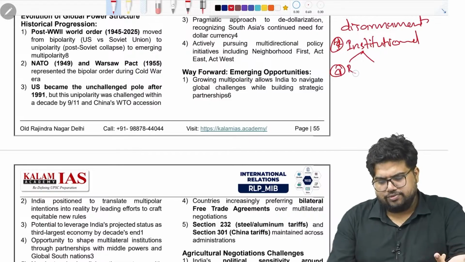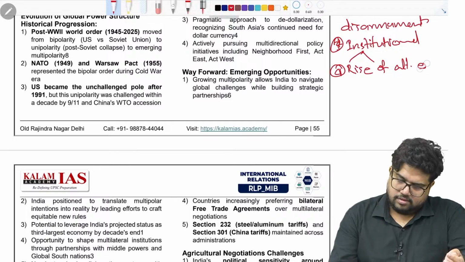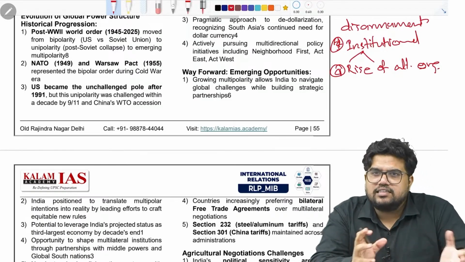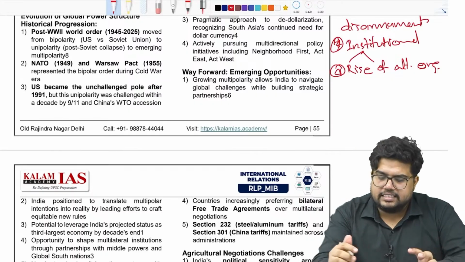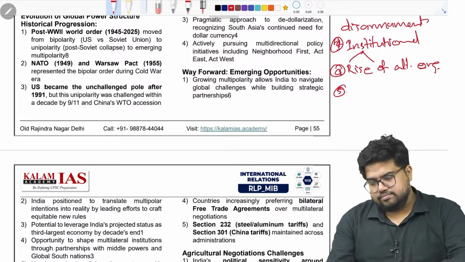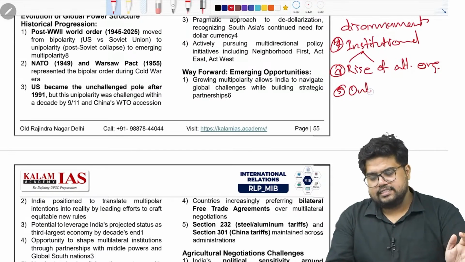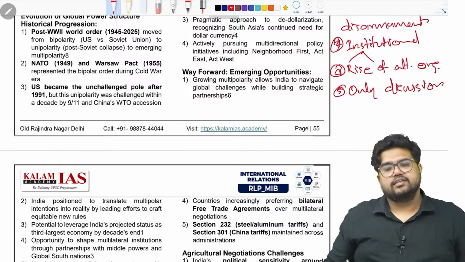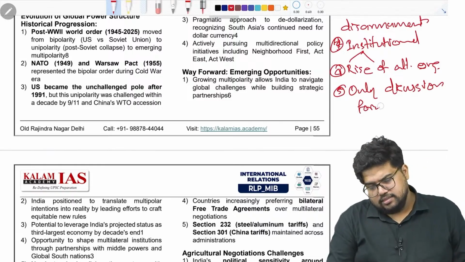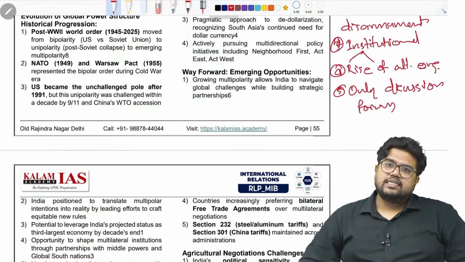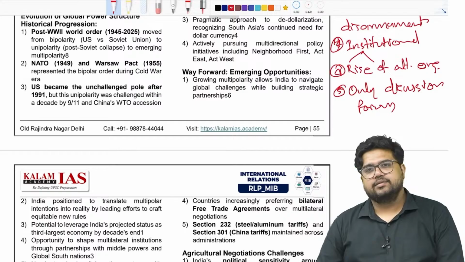Then the rise of alternate organizations like BRICS, like BIMSTEC, like SAARC, like Quad, all these organizations are replacing this now. Then you can say it is only acting as a discussion forum. There is no way to implement the policies, and there are internal conflicts between the countries. All these have led to loss of relevance of NAM in the present context.